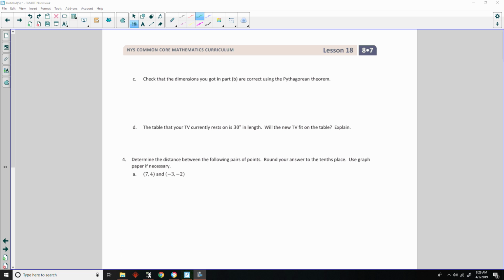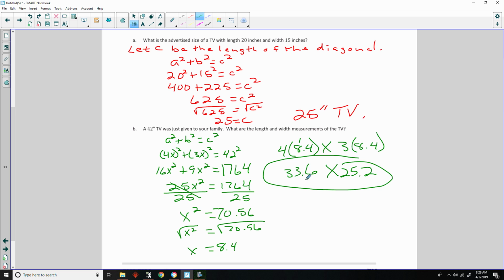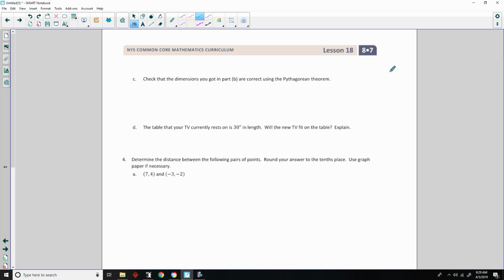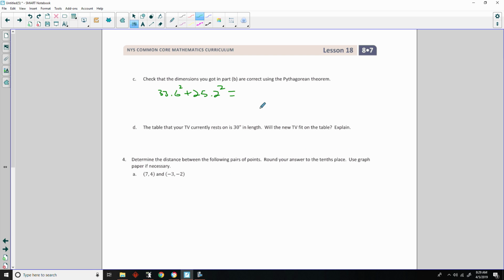Part C says, check that the dimensions you got in part B are correct using the Pythagorean theorem. So I go back, and I have 33.6 by 25.2. So that'd be 33.6 squared plus 25.2 squared equals, and it's got to equal 42 squared. Okay, so we're just substituting it in to check.